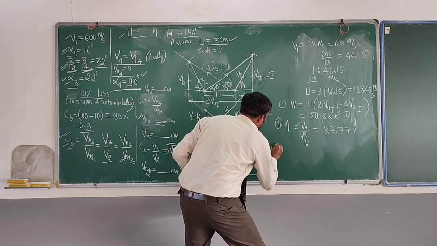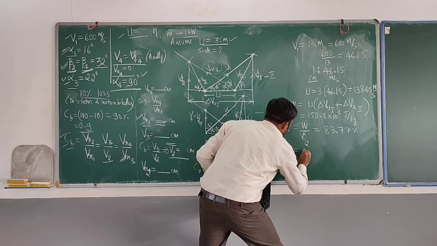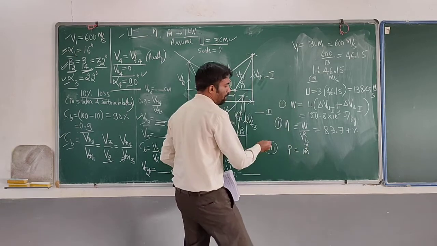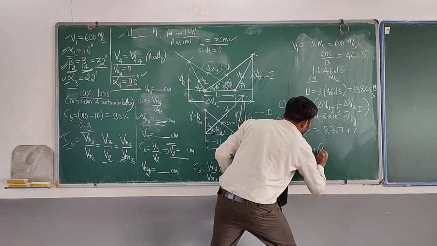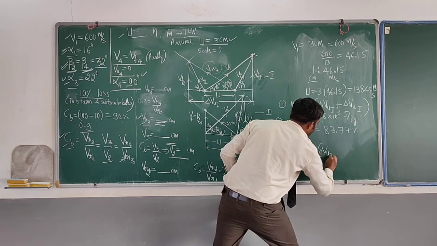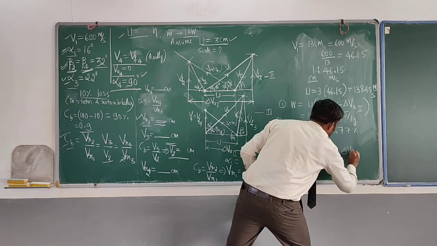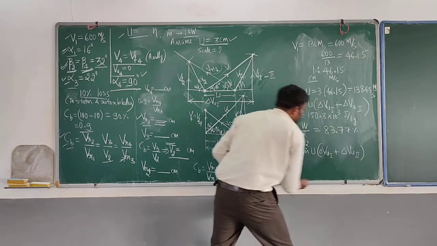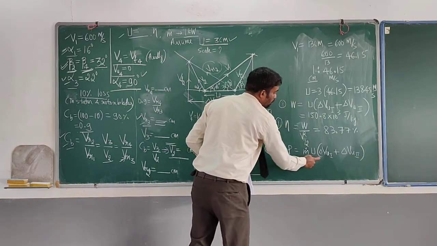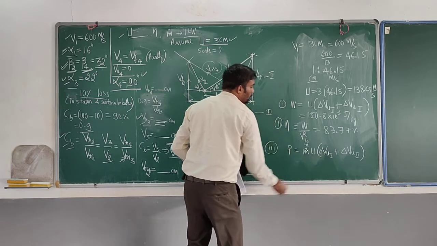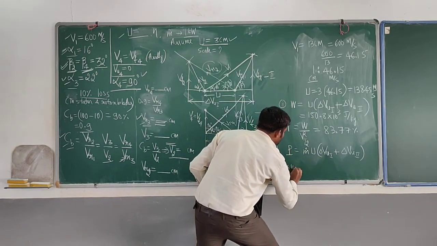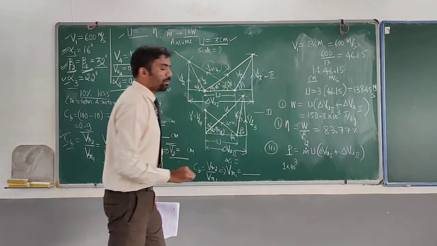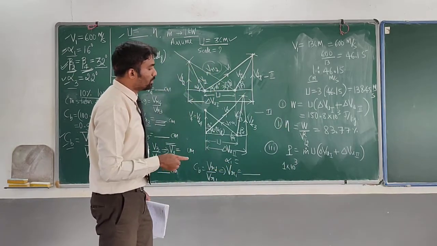Then specific steam consumption. As I told, we have to take P, power, is equal to M dot into the sum of delta VU for the first stage plus delta VU for the second stage. If you carefully see, this is nothing but M dot into W. We have to take 1 kilowatt power, so for kilo we have to multiply by 10 power 3.